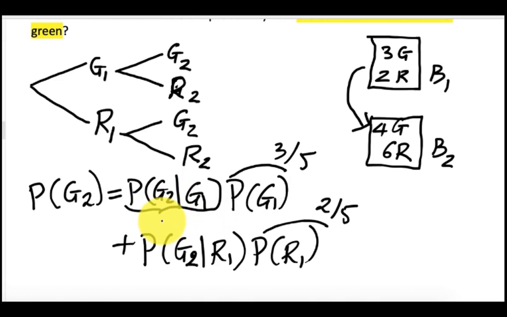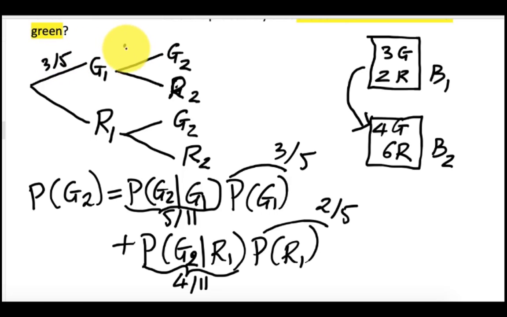Therefore, this value is 5 over 11. And this is 4 over 11. If the first chosen ball is red, then in box 2, there are 11 balls and only 4 of them are green.